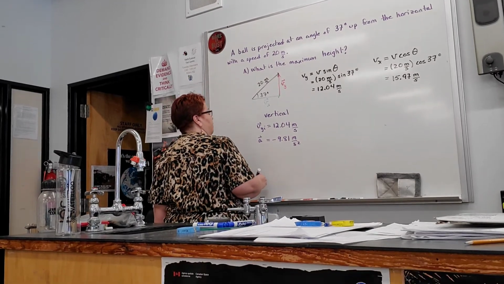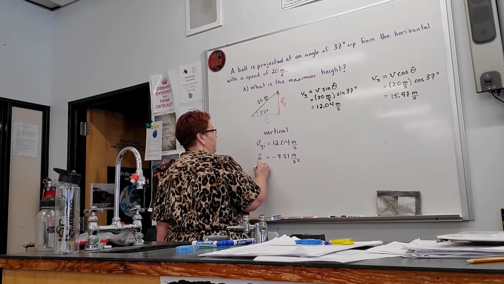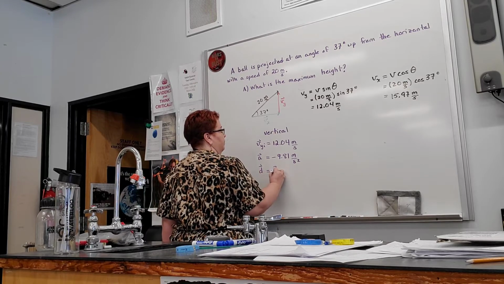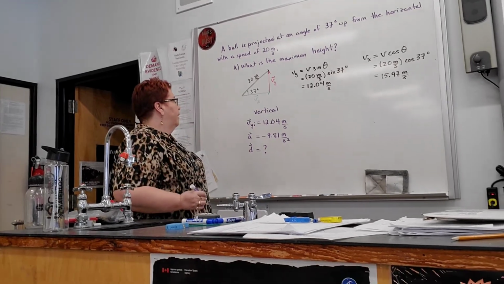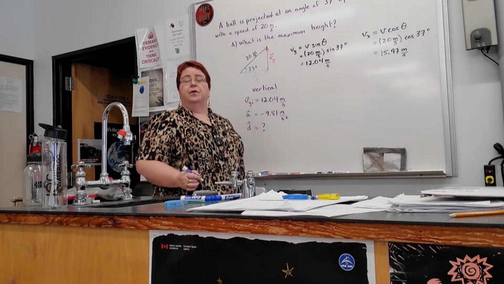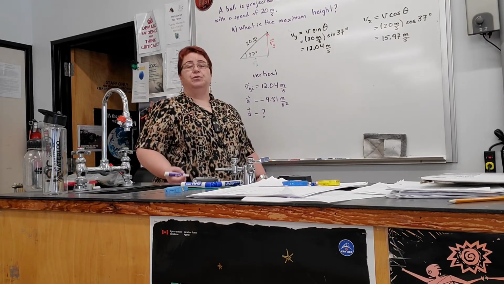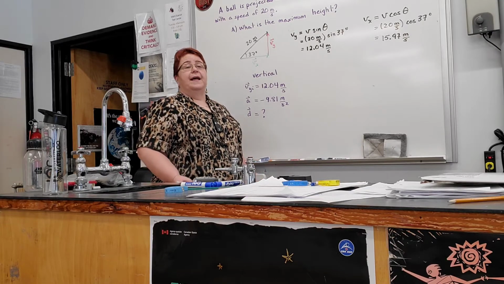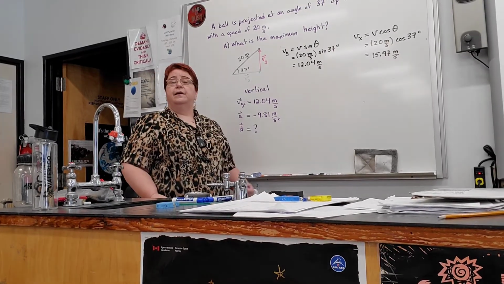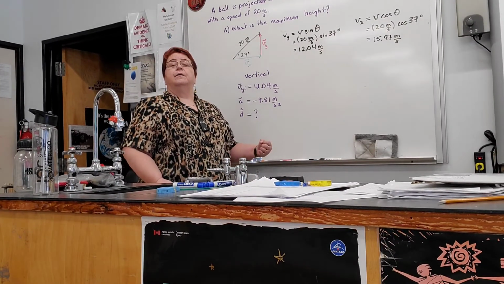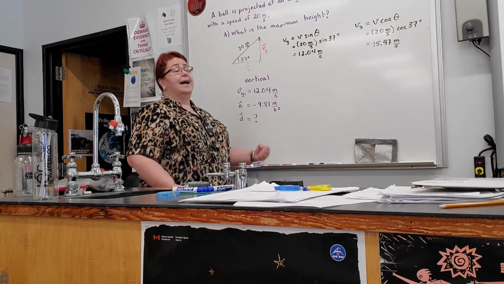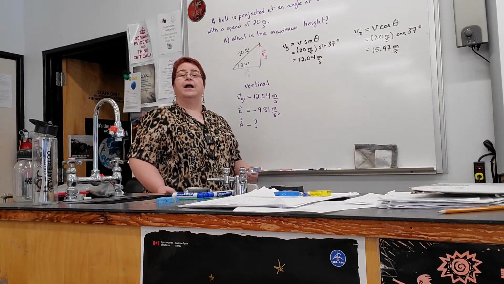We're looking for the maximum height, so we need to have a displacement in our formula, and we need one more known variable. Well, this is one of the cases where you want to take advantage of the stuff you just have to know, and that is at the highest point in our trajectory, the ball immediately has a velocity of 0 for an instant.